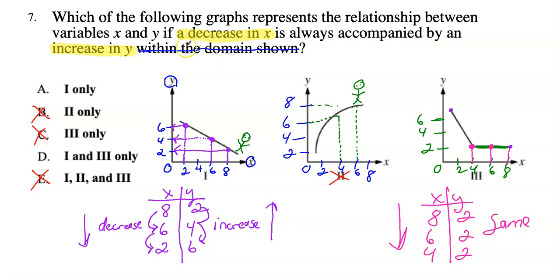And that doesn't fit this description if you read it. So this piece of the graph doesn't work, so I can get rid of 3. In short, the only graph that works is graph number 1. So let's get rid of D because it says graph 3 works as well. The only one that works is graph 1.